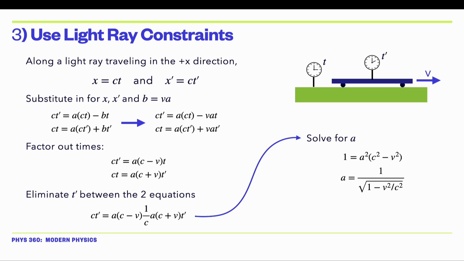Solve for a, you get that a is 1 over the square root of 1 minus v squared over c squared. So this should look familiar. This is the gamma factor that we saw when we were studying length contraction and time dilation. So this a constant in our equations, we can just write that as gamma now.